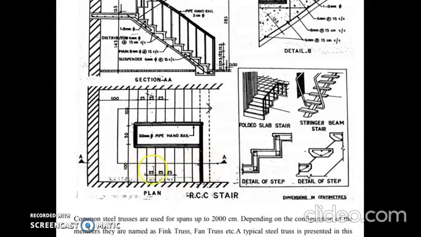1, 2, 3, 4, 5, 6, 7, 8. 8 threads, and the number of lines are 9, these lines indicate the rise. This vertical line indicates there is a rise at this point. Then the second line indicates the second rise at the point.